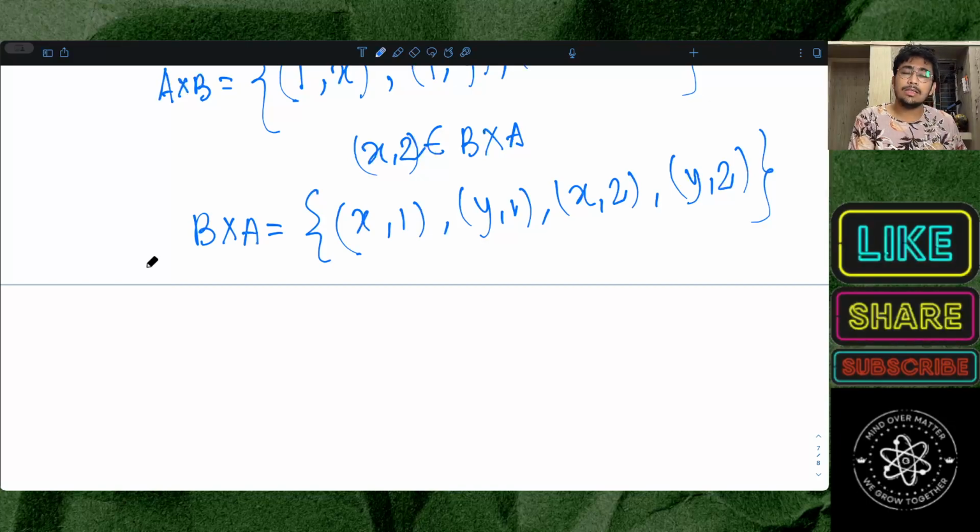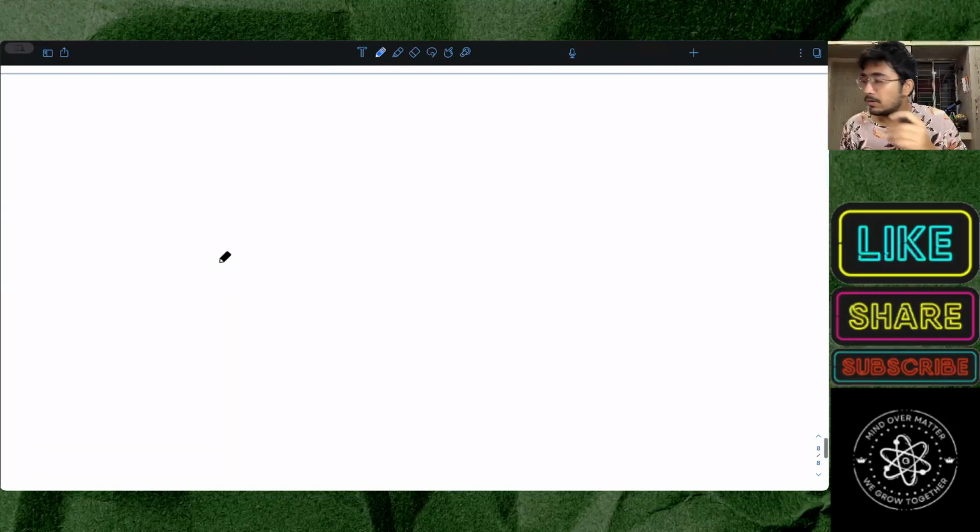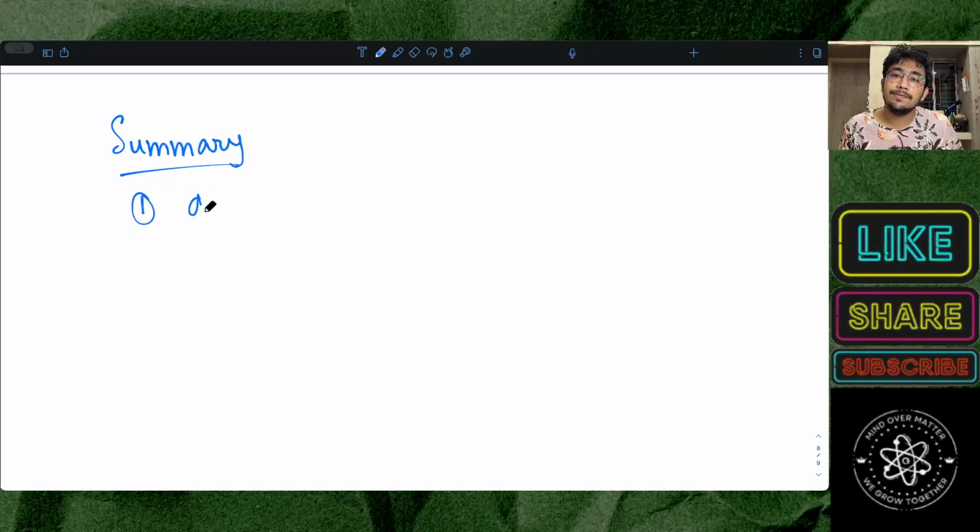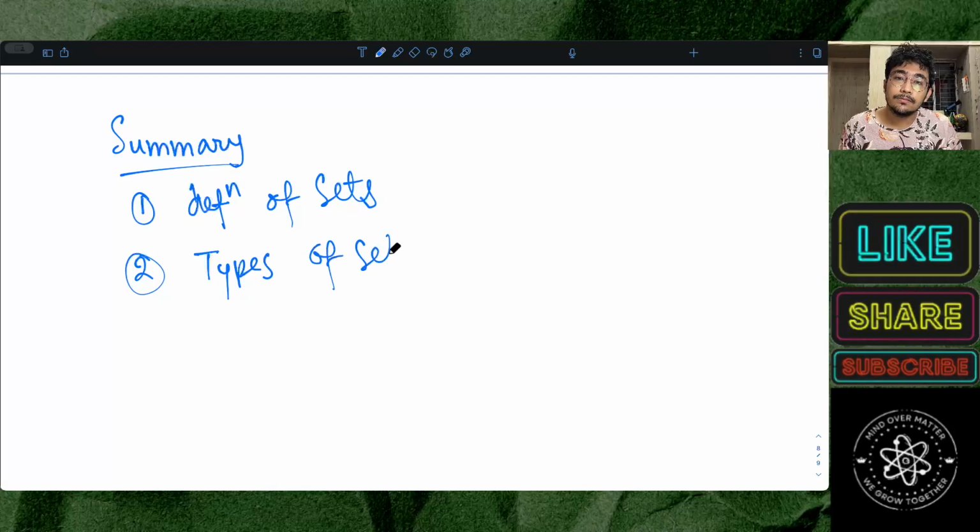So these are all the things that I talked about today. Let's make a summary. We first learned about the definition of sets, and secondly we came to know about types of sets. Thirdly we understood operations on sets.